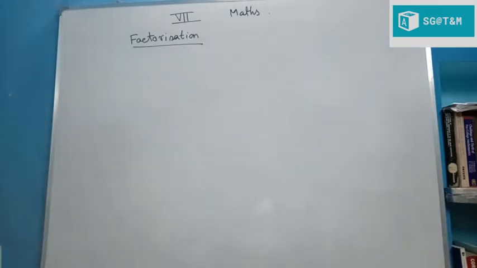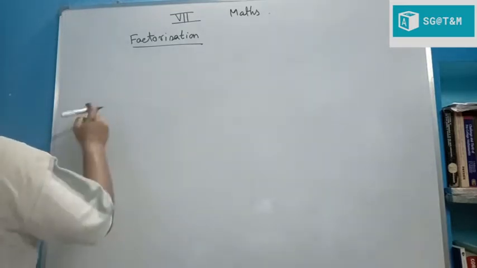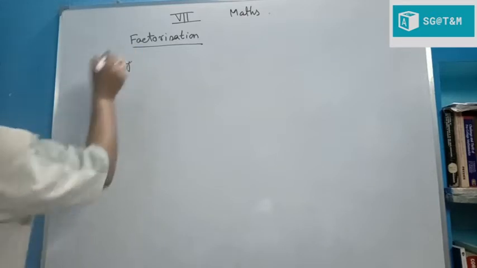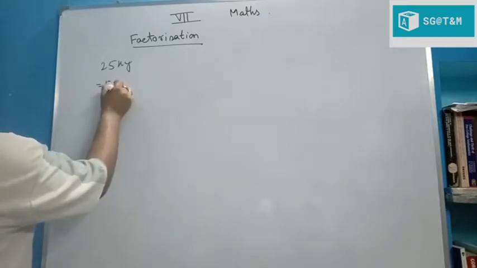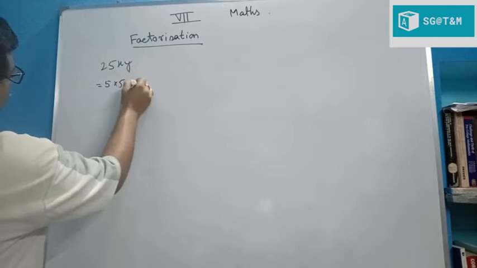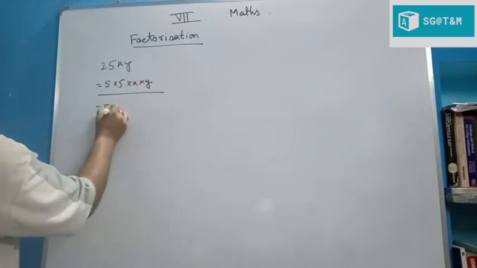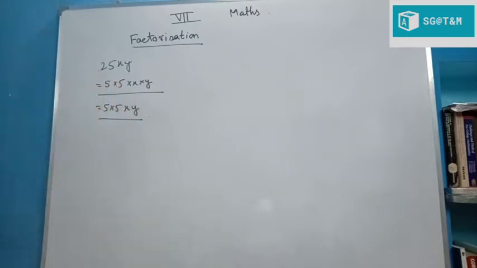The factors of 25 are 5 into 5, and these are in product form. So we write 5 into 5 into x into y. These are the factors. Very easy.